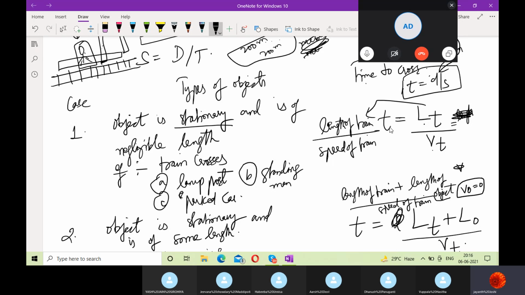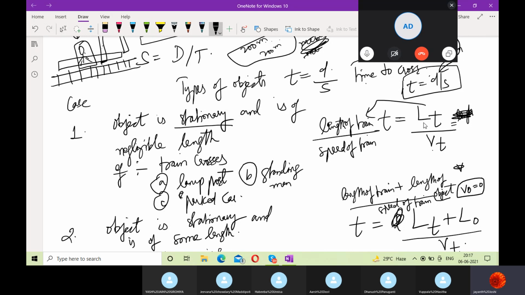So the formula would be very simple. Like we are finding out, time is equal to distance by speed. So distance here would be only one thing which we need to consider, that is the train's length.